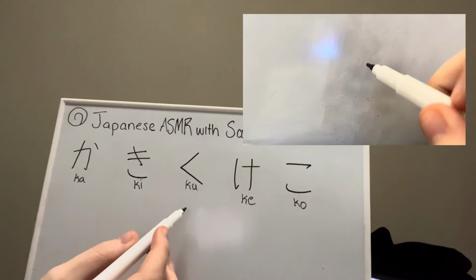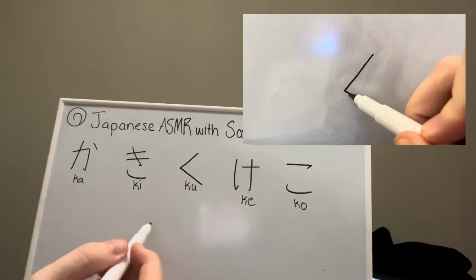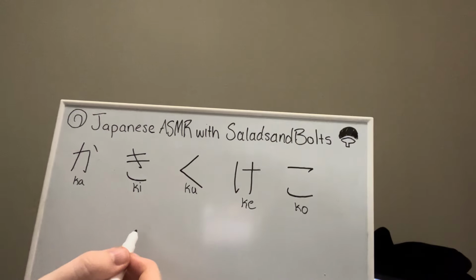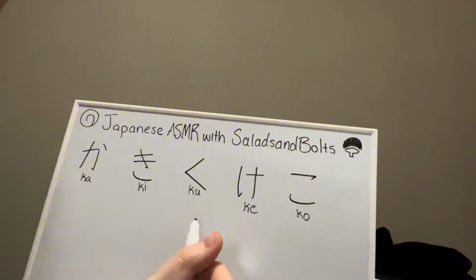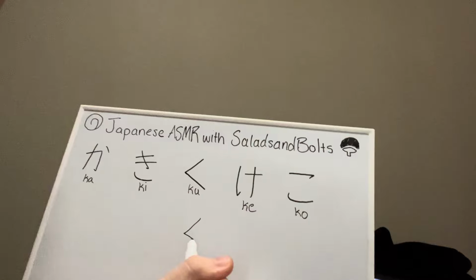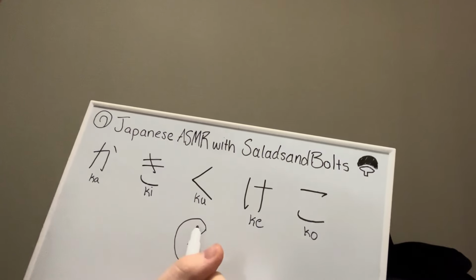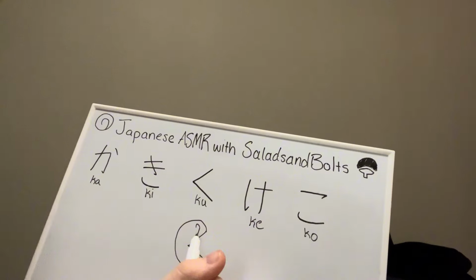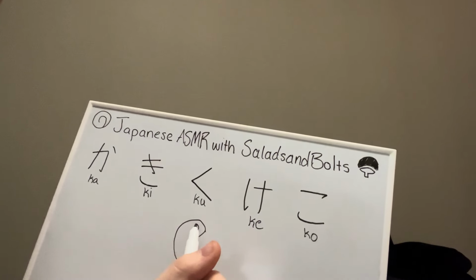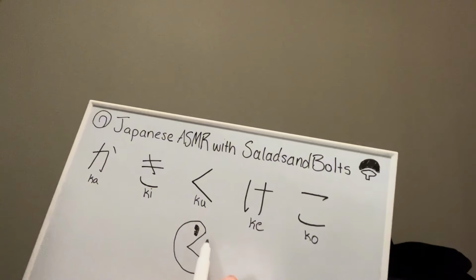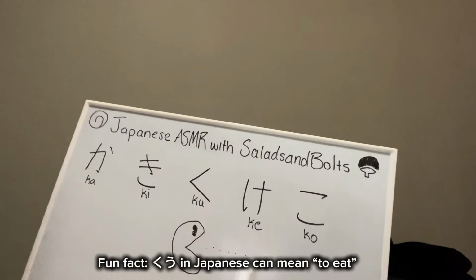You're on ku. So ku is kind of like Pac-Man. You can imagine Pac-Man as the ku. He's always pointing to the right and eating dots on the right.